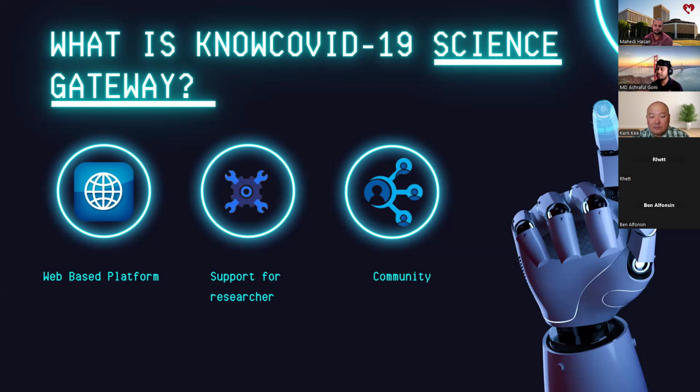So it's a very specific community and web-based platform, and it mostly provides support for researchers. But there is a difference between a normal web-based application and a Science Gateway, like the example I gave with Google Scholar.